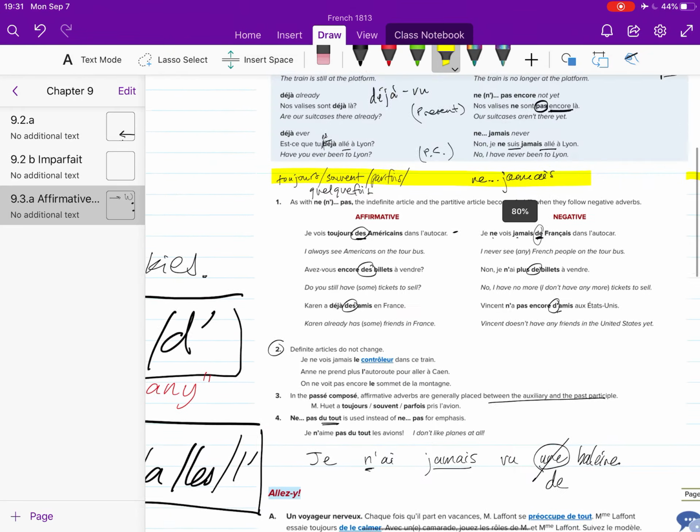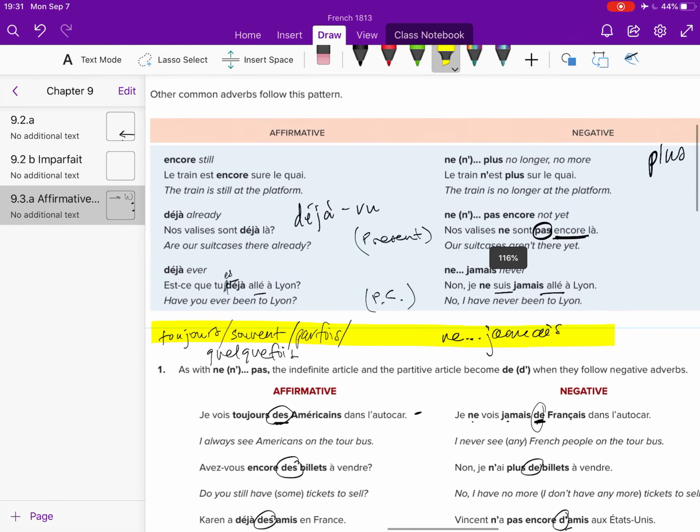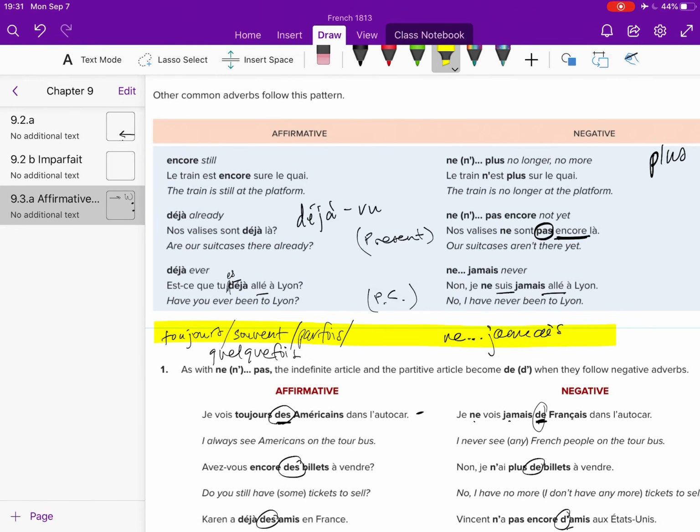So let's look at the opposite for ne jamais. Which one would you pick? Would you maybe pick déjà, as in we already go on nice trips, or maybe you take something from toujours, souvent, parfois, quelquefois. We always go.